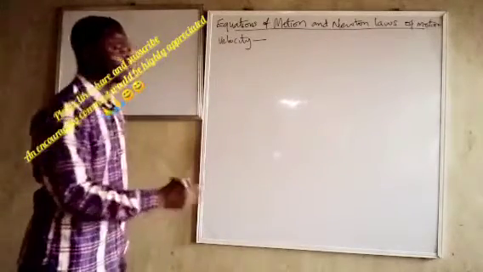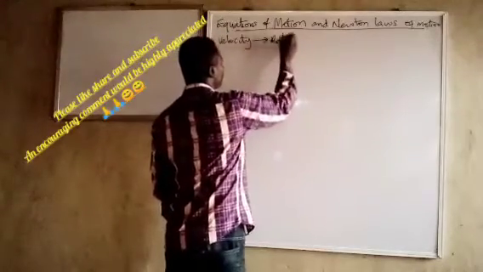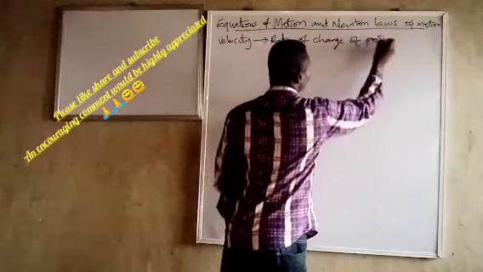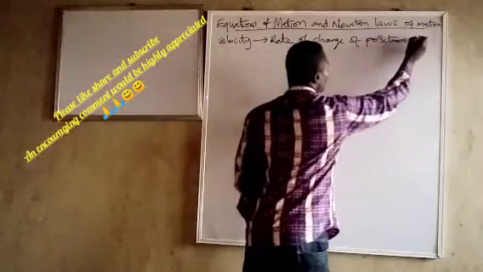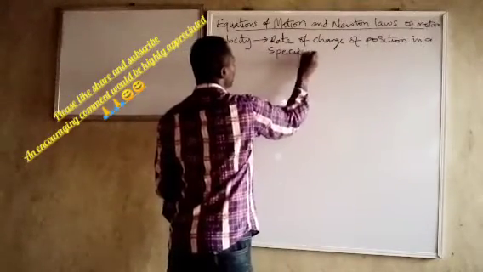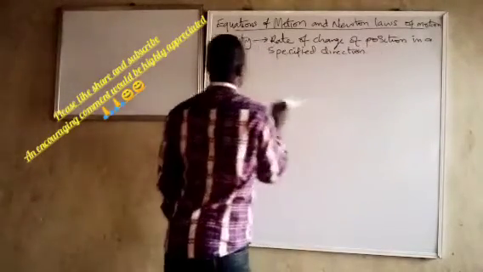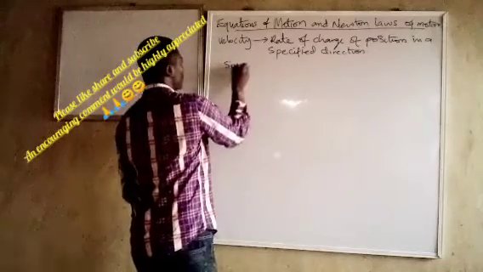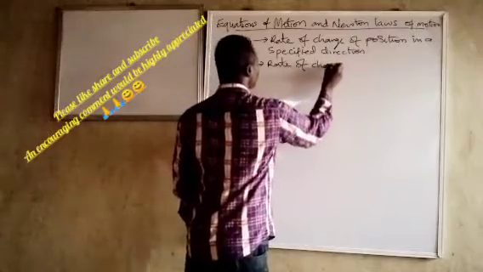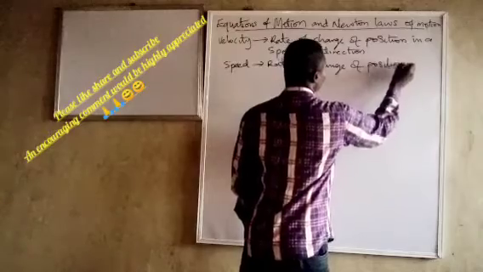Velocity means the rate of change of position in a specified direction, while we also refer to speed just as rate of change of position or distance.